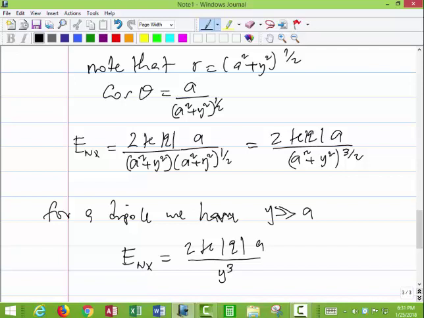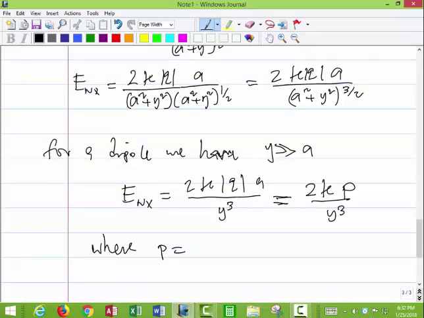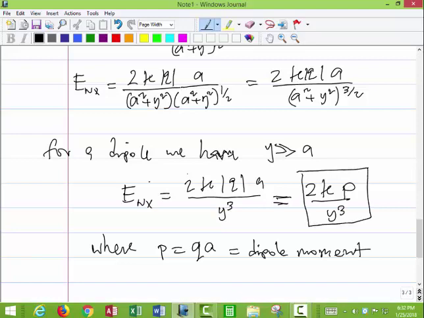And so the dipole field can be written as 2kqa over y cubed, where we know that the charge times the distance is the dipole moment. So we can say 2k times the dipole moment p divided by y cubed, where p is equal to q times a, and this is the dipole moment. So this is the field of a dipole at some distance from the dipole.